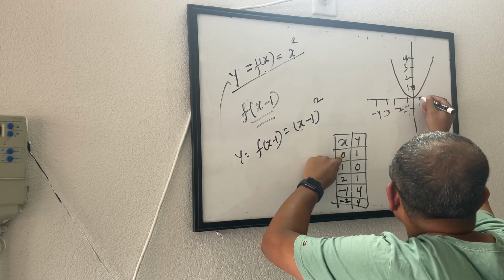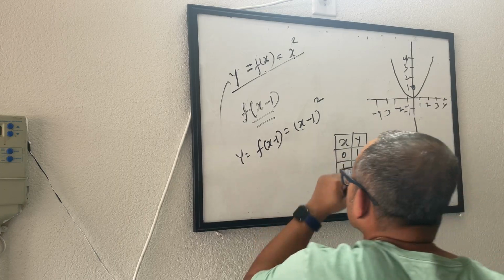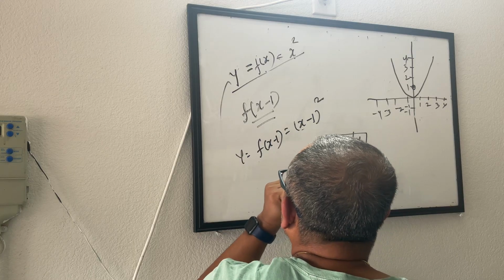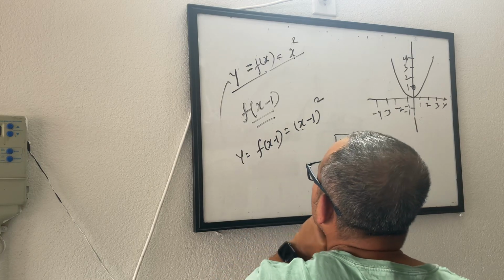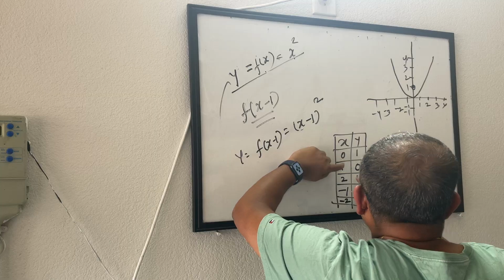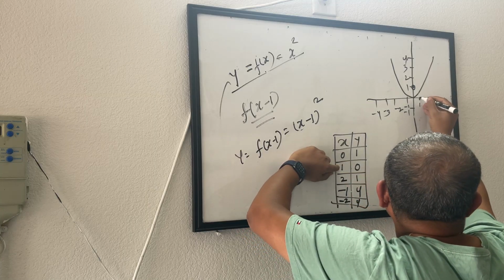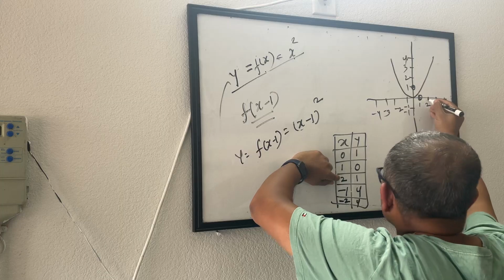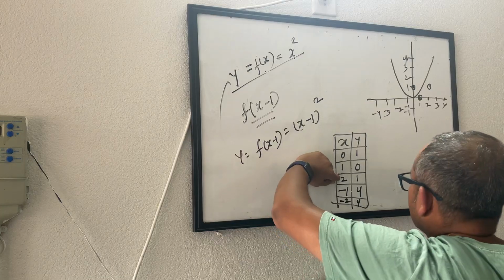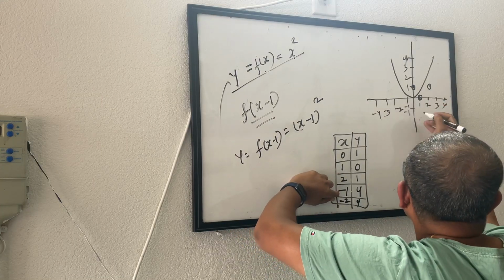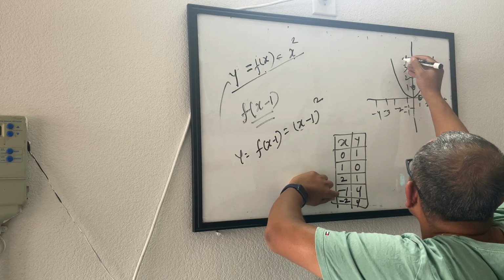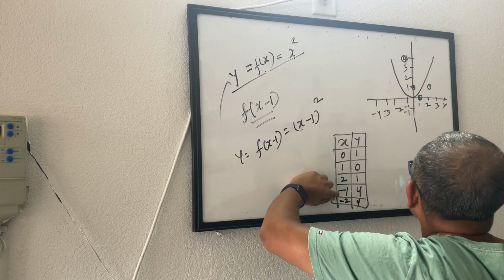When x is 1, y is 0. So this is here. When x is 2, y is 1. Okay, got it. When x is minus 1, y is 4. Okay, my bad. I was unnecessarily worried.